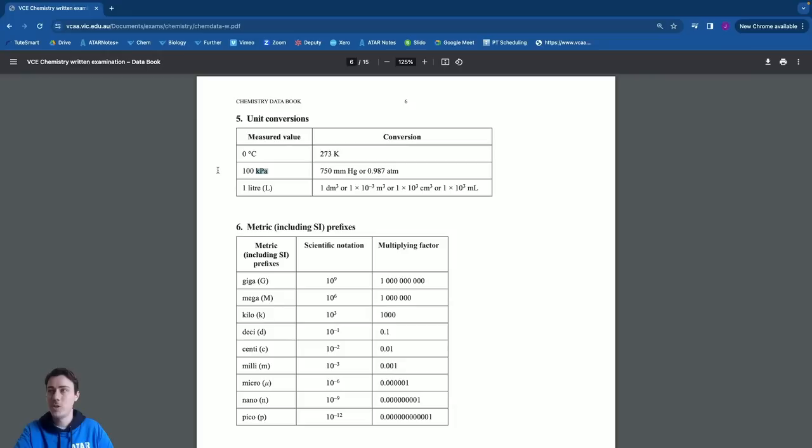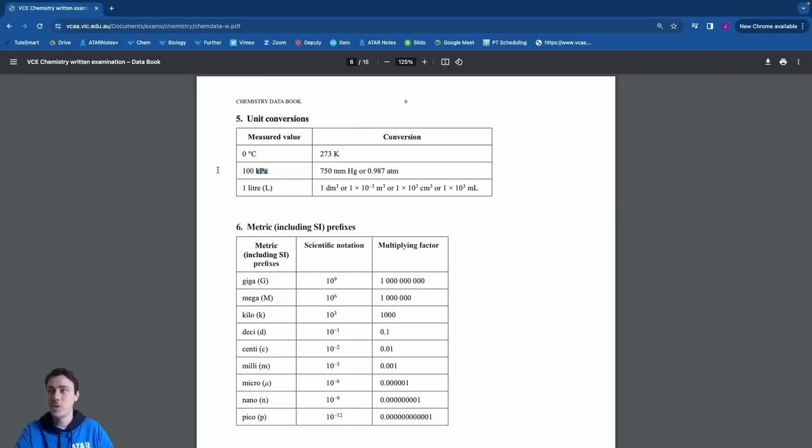So my answer when I divided this by 0.987 would have been 10.334. I'm pretty sure that's what it is, because my decimal place would have moved. So I multiply by 100 and I get 1,033.4 kilopascals.